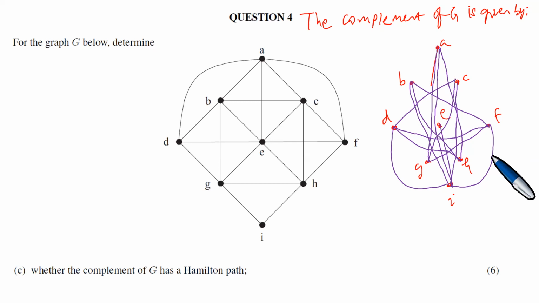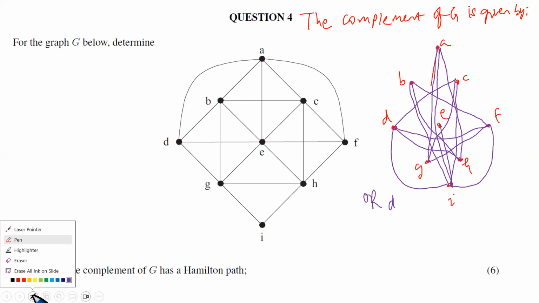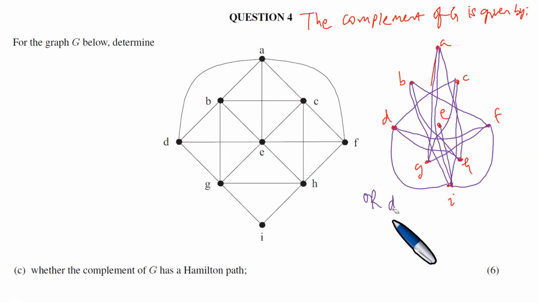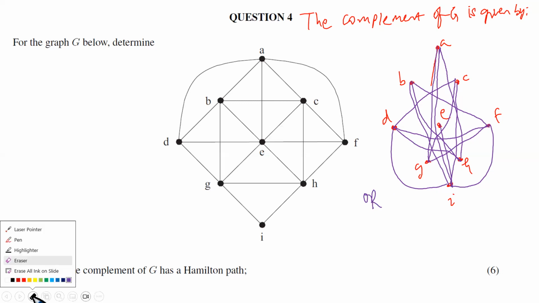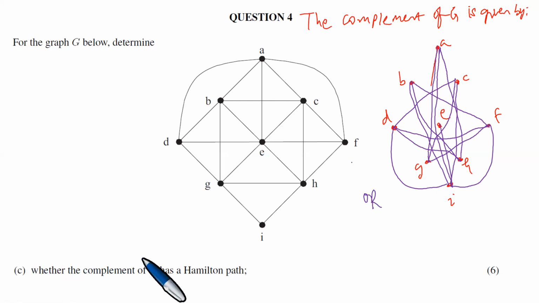Now, this is the complement of G, or redrawn. You can draw it again differently. The word redrawn must be clear.